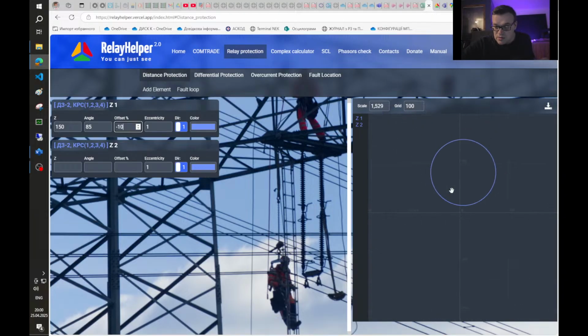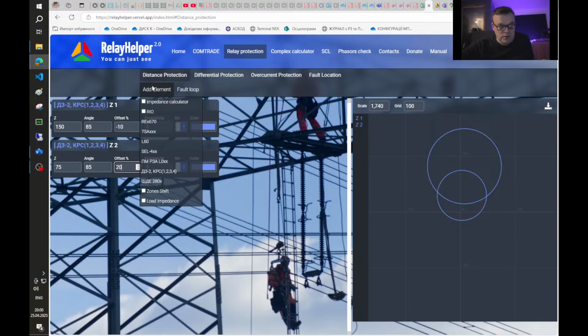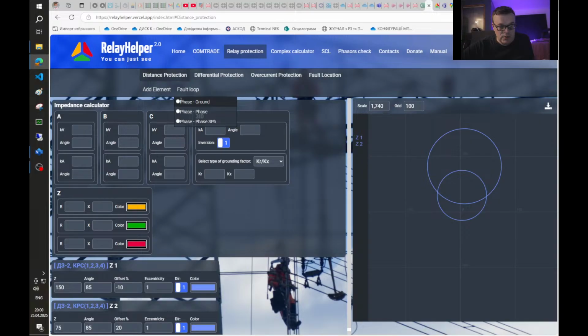So this zone is moved to the first quadrant. And this one is moved. Let's add an impedance calculator and switch to the phase-ground loop. Grounding factor is just a real number, and it's about 0.5.